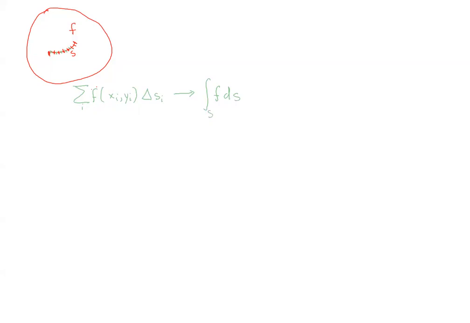So along the path s. We're going to call this the scalar line integral of f.